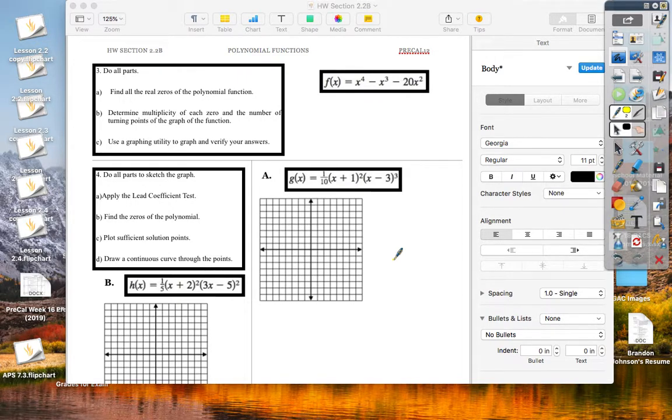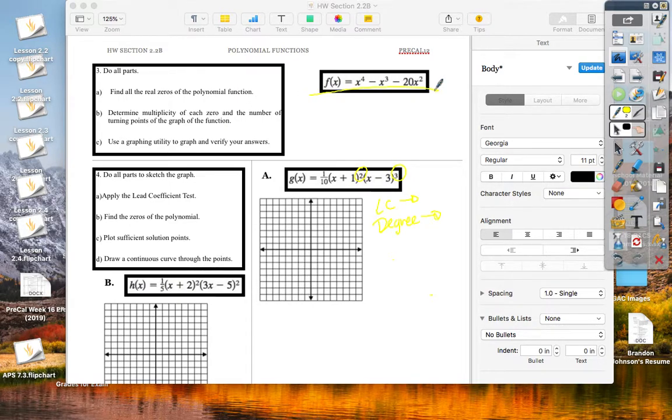Number 1, or 4A, part 1, apply the lead coefficient test. Well, first off, we need to know, is the lead coefficient positive or negative? And also, what is the degree? First off, we look at this and we see something that is squared, something that's to the third, and we know it's factored. By the way, this is not in standard form.